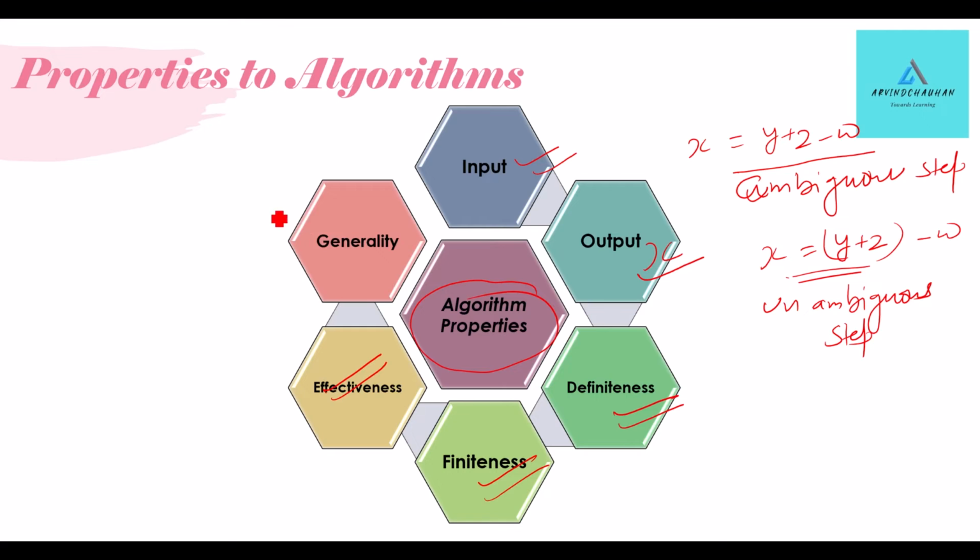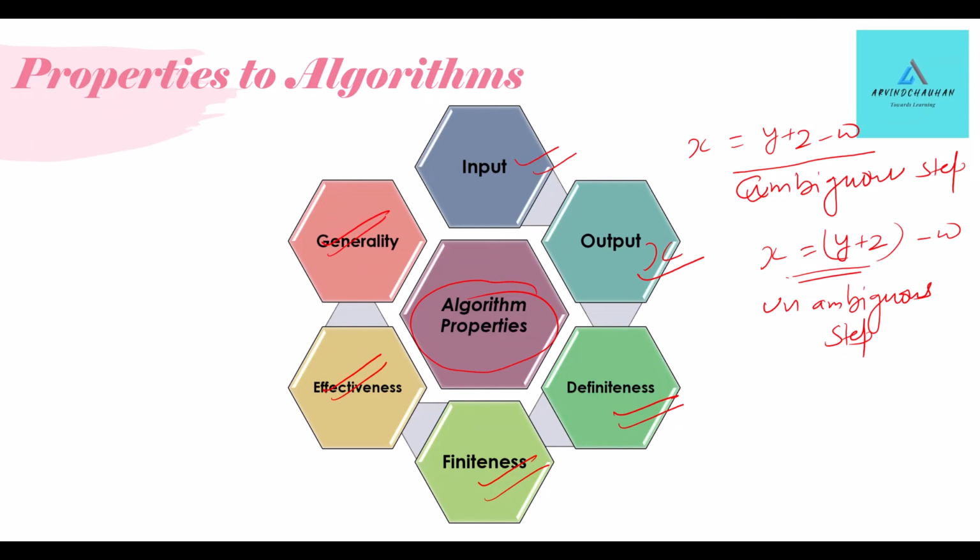And the next property is generality. Generality means the procedure should be applicable for all problems of the desired form, not just for a particular set of input values. That means our algorithm should be generic, right? It should not depend on a particular set of data. Just take the example of binary search.